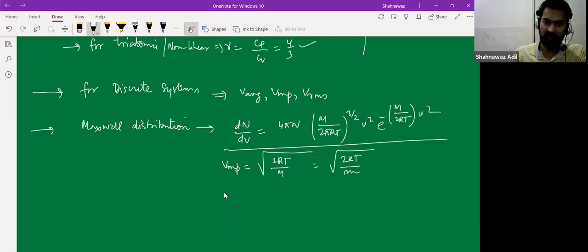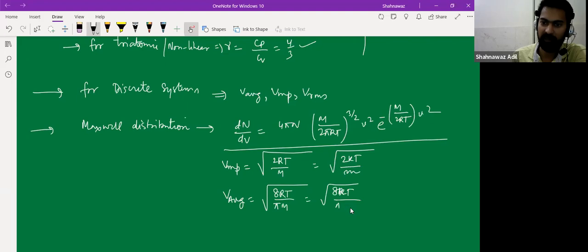And then we calculated the average velocity, right? This was root of 8RT by pi, which is also equal to root of 8kT by pi. And then we calculated the RMS.